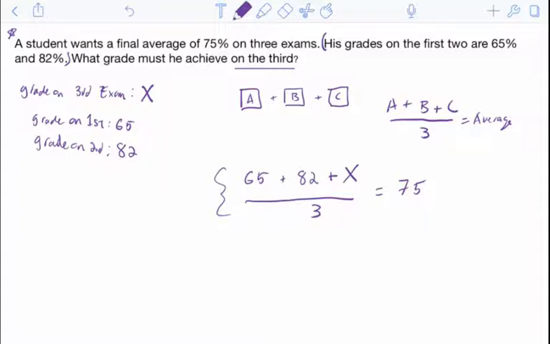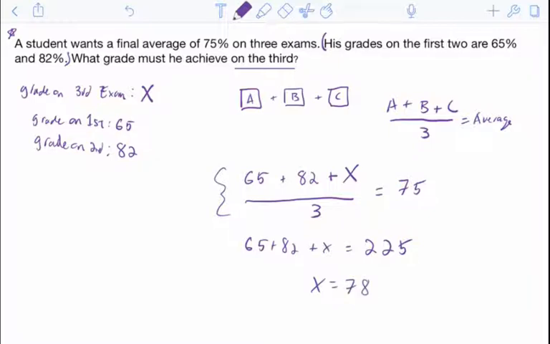First I'm going to multiply both sides by 3. 75 times 3 is 225. Now I'm going to subtract 65 from both sides, and now subtract 82 from both sides. X should be 78%.